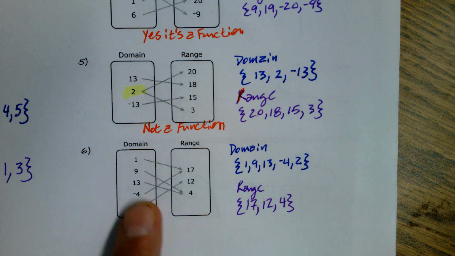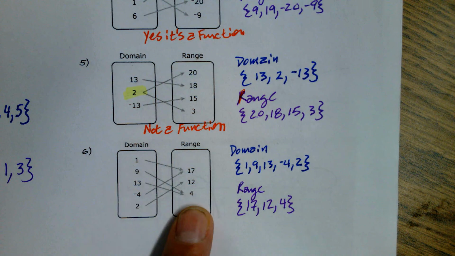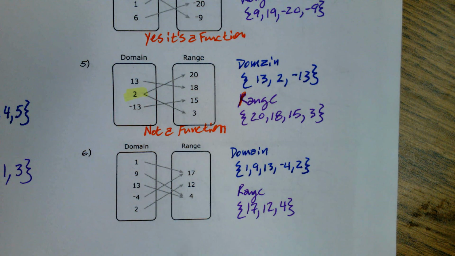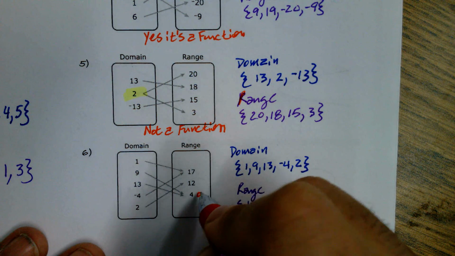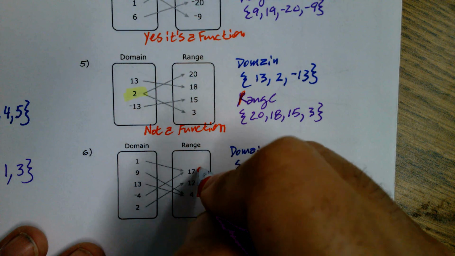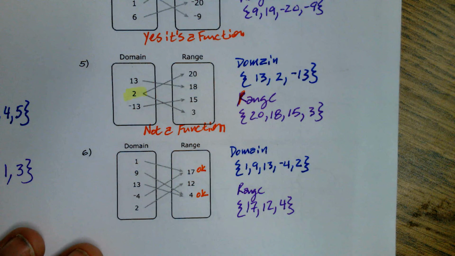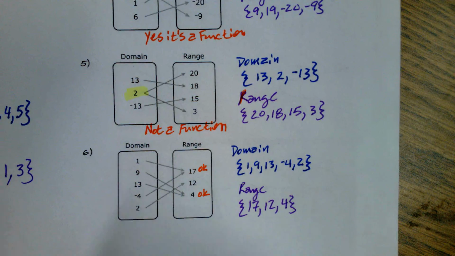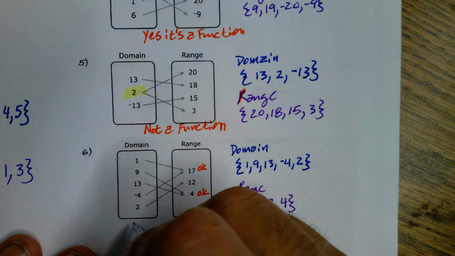And then we have 9 and 13 to 4 in the range. Is it a function though? Yes. This is okay, and this is okay because it's on the range side. So this is a function.